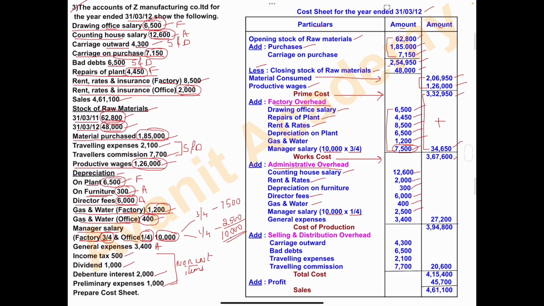And next, manager salary 10,000: one-fourth of 10,000 is 2,500, which we have to take under the head administrative overhead.